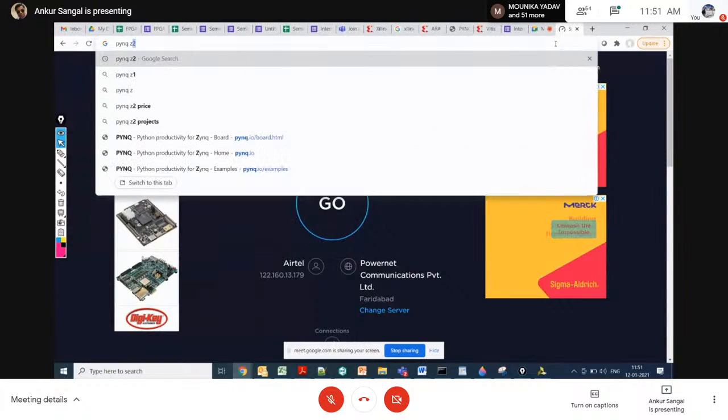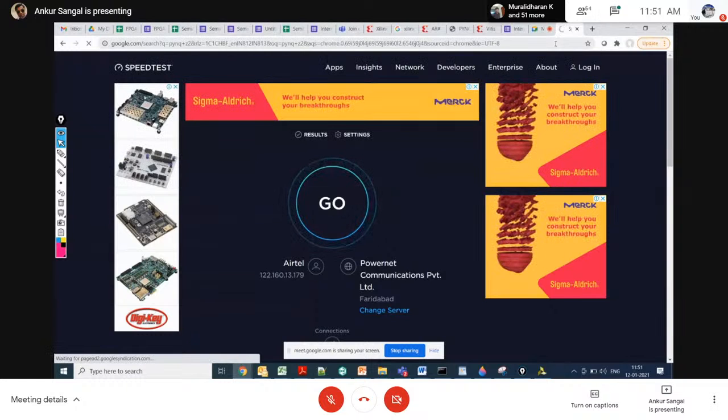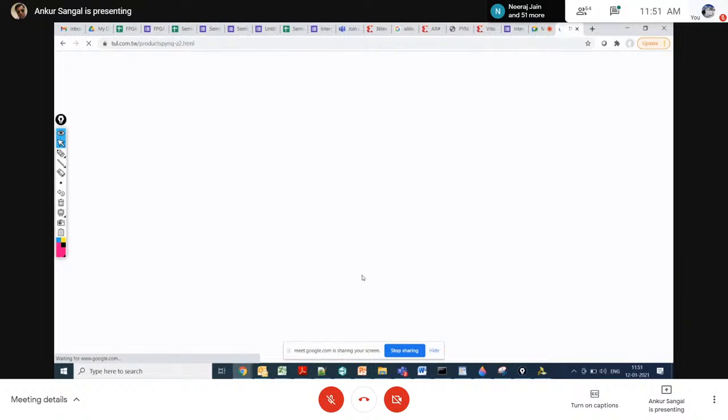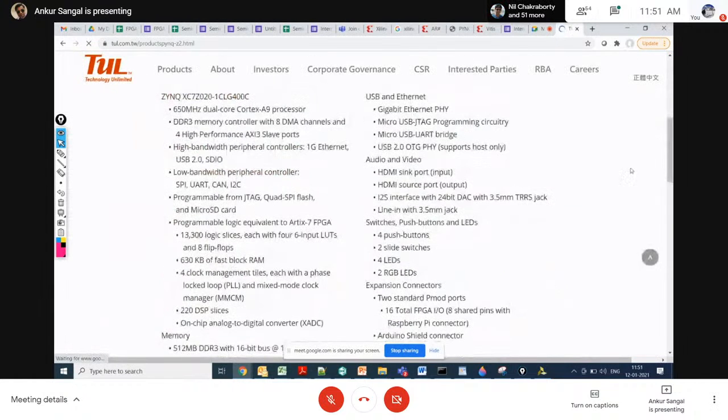When you type the name, you can see here XC7Z020 CLG400.